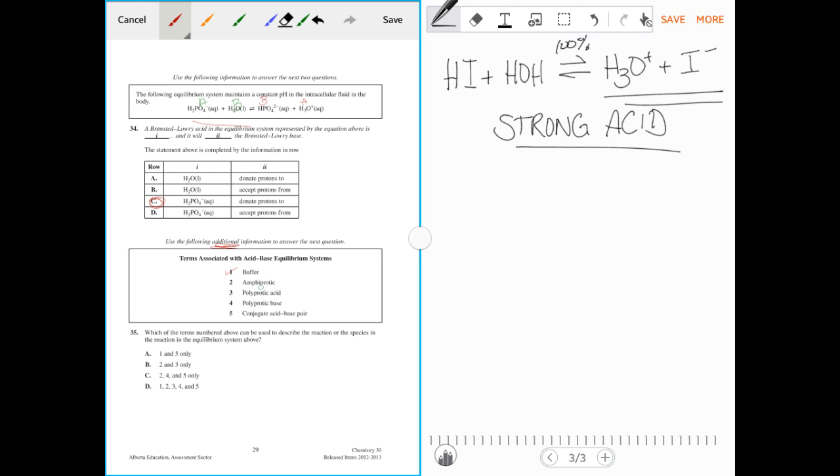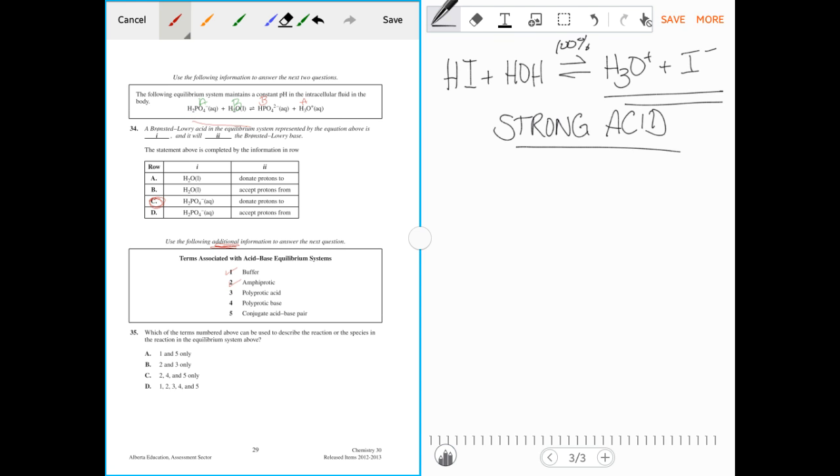Amphiprotic. Well, definitely these entities are amphiprotic. H2PO4 can both donate a proton, and as it has a negative charge, it can accept a proton, as can our HPO4 minus. It can still donate this proton and it can still accept a proton as well. So amphiprotic, absolutely. Polyprotic acid. Definitely we have a polyprotic acid. H2PO4 is polyprotic. It has more than one proton.